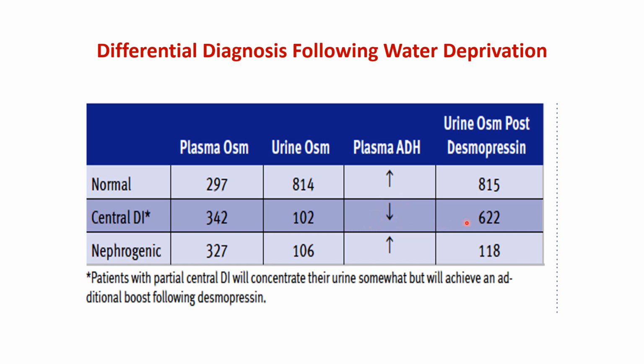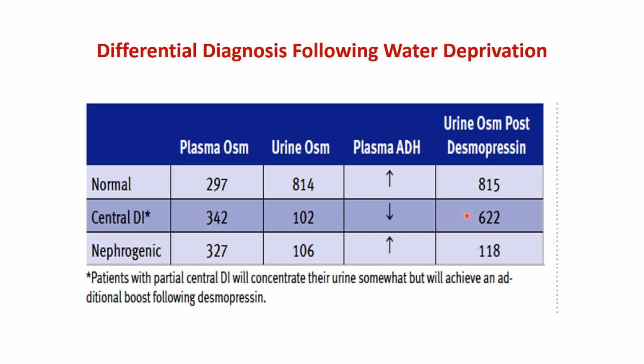However, if you give this ADH analog, desmopressin, you can see that after the overnight water restriction and the administration of desmopressin, the urine osmolarity increased, meaning that desmopressin works. So you can say that this patient is likely to have central diabetes insipidus.